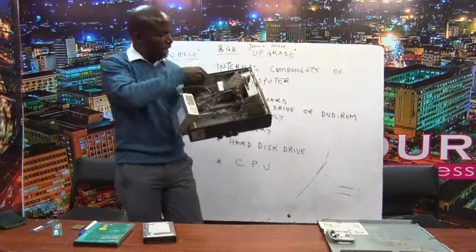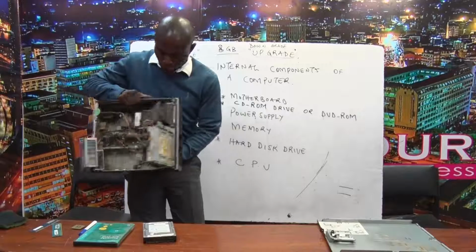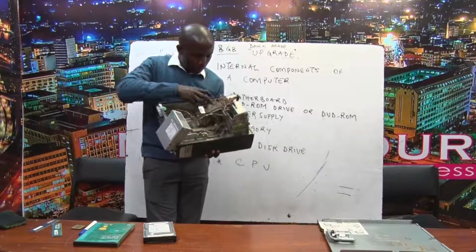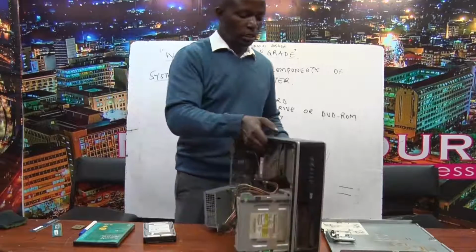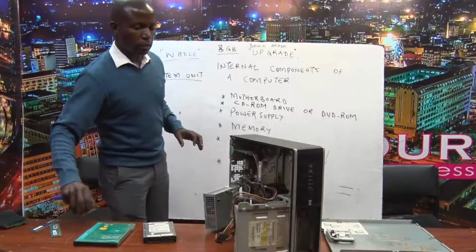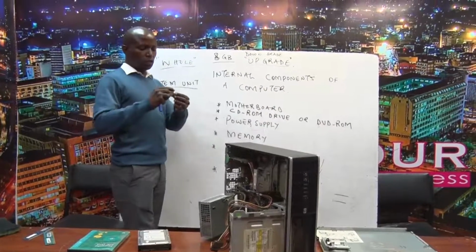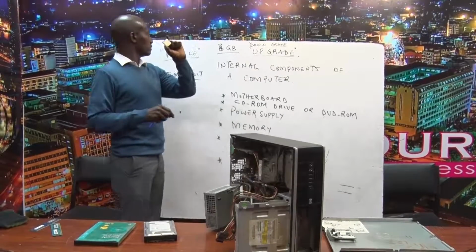The heatsink has got a cooler fan on this other side. Maybe you might not be able to see it so well, but our CPU is here. That heatsink, basically, as the name suggests, is supposed to prevent the CPU from heating. So that's why it also has its own cooler fan. The CPU that you're talking about is this.